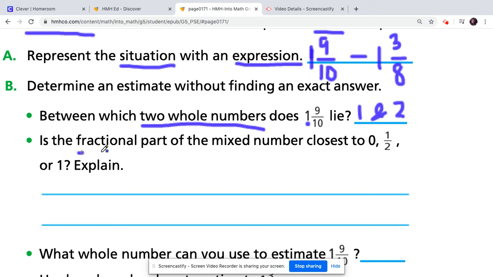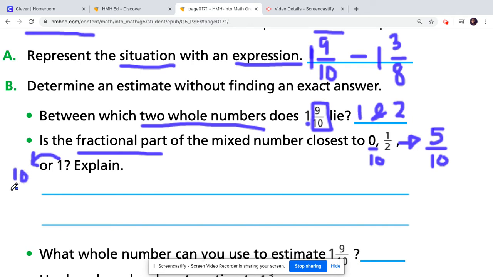Now, is the fractional part, the part that's literally a fraction, is it closest to 0, half, or 1? If it's closest to 0, the denominator would have to be 0 out of 10. The way to write down half with a denominator of 10 would be 5 out of 10 because 5 is half of 10. And if it was closest to 1, the fractional version of 1 for a denominator of 10 is 10 out of 10.